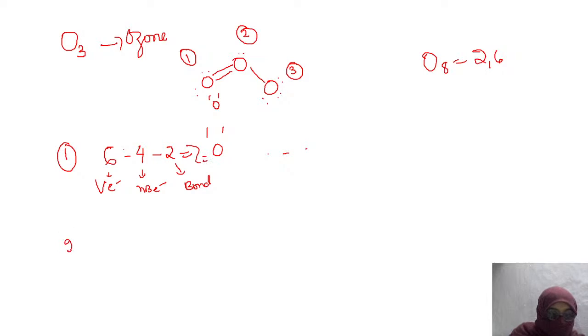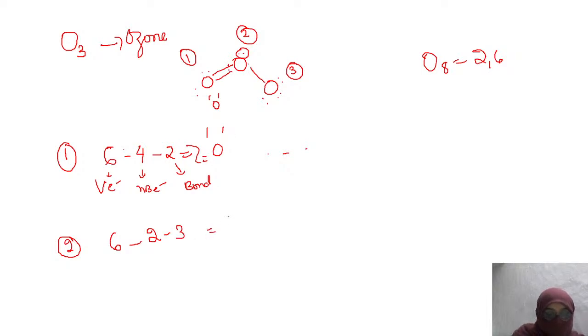Second, let us calculate the second oxygen. Always 6, because if the atom is the same, the valence electrons will be the same. Minus, here the non-bonding electrons are 2, so I'll write 2. Minus the bond electrons, 1, 2, 3, so I'll write 3.